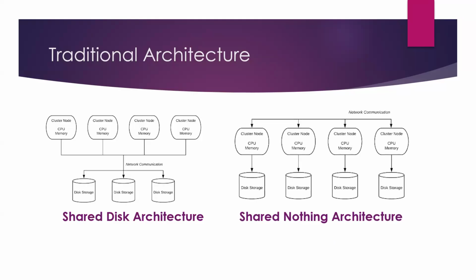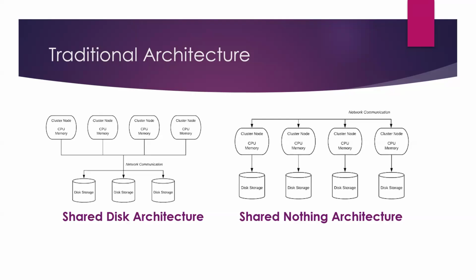Most of the databases and warehouses belong to either of these architectures. If you remember during our demo, I showed Amazon Redshift, Azure Synapse, Google BigQuery, and Teradata, which belong to one of these architectures.